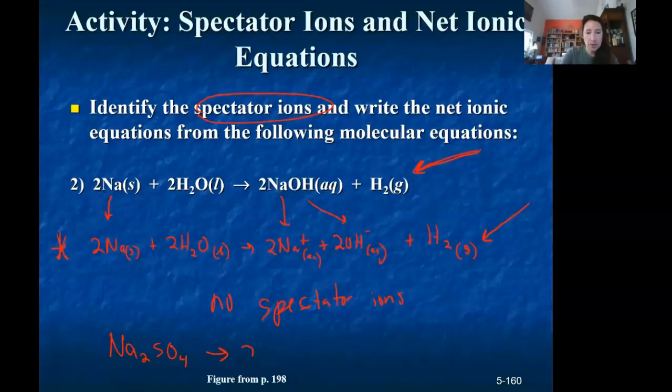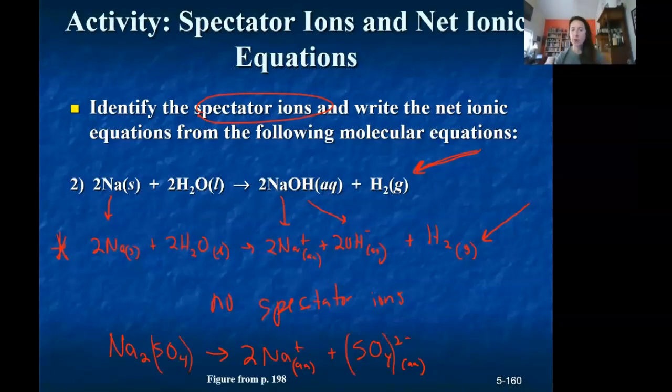This would come apart into 2 Na pluses and 1 SO4 2 minus. So the polyatomic ions, they never come apart. Sometimes it helps people to put parentheses around them to remind themselves they don't come apart. Okay, any other questions about these?